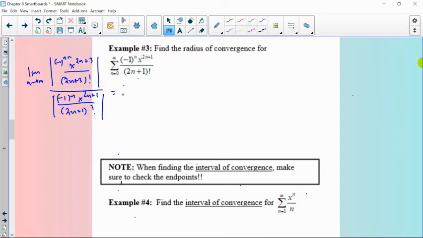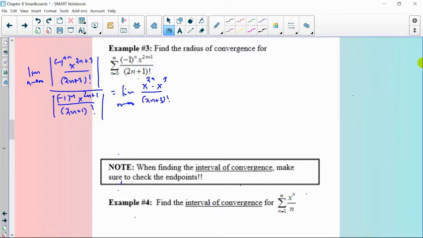So that equals the limit as n goes to infinity. I'll just rewrite this. It's x to the 2n, and then I can think of it as x cubed if I want, so x to the 2n times x cubed, because that would have been plus 3, over 2n plus 3 factorial.